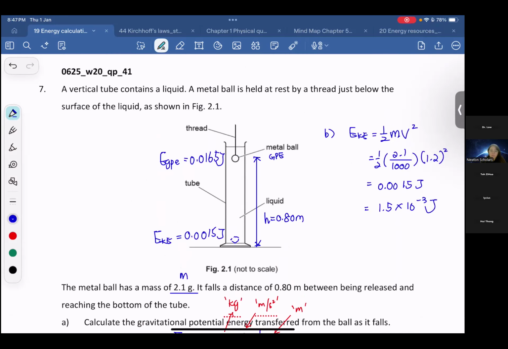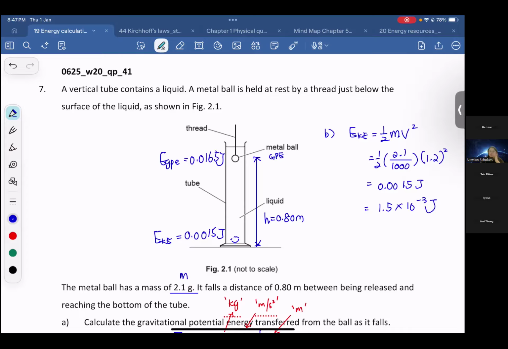Okay, Crystal, read the situation right now. A vertical tube contains a liquid. The metal ball is released in the liquid. So there is no air resistance, but what is it? Energy lost due to the drag force. Yes, drag force means resistance force.